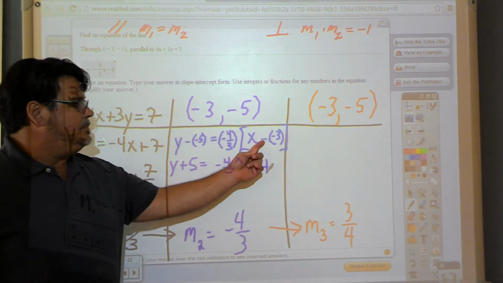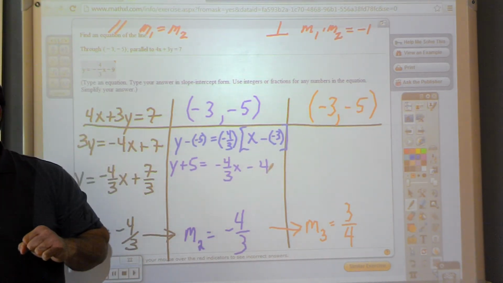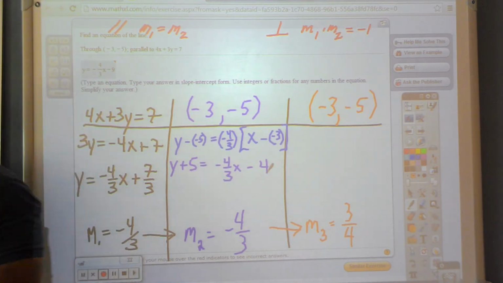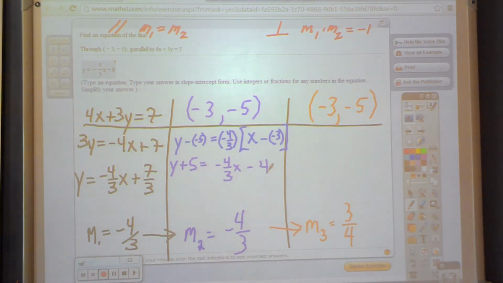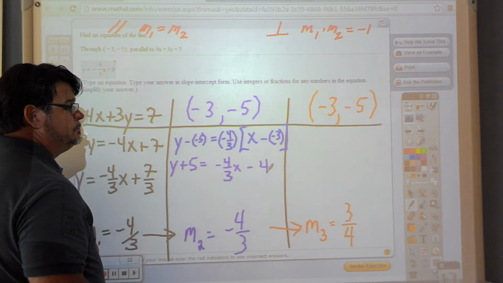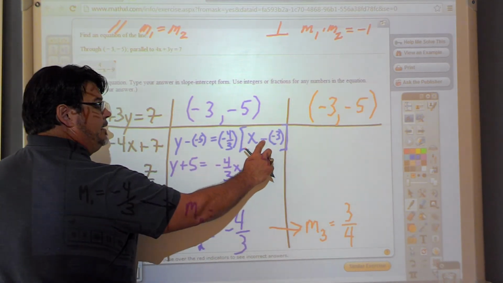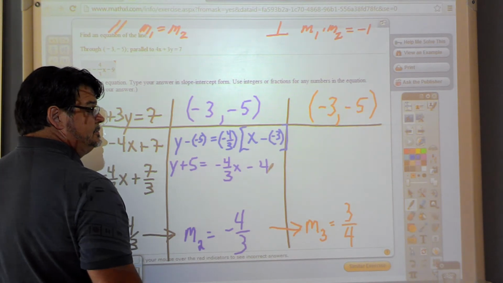What's a negative times a negative? Positive. And what's +3 times -4/3? Negative 4. The 3's cancel, because that's 3 over 1. What's -3 times a negative? Positive.